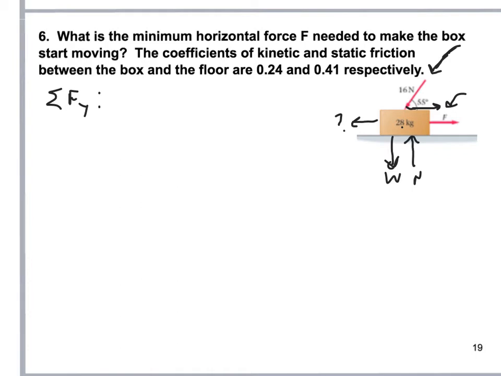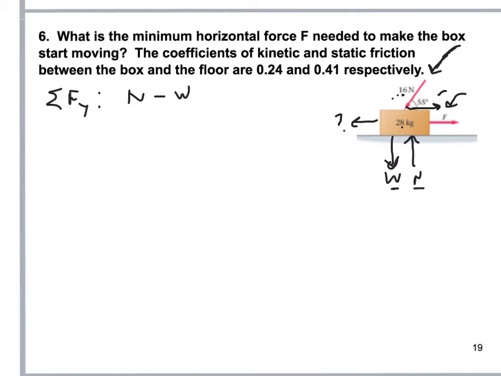So our summation of forces in the y direction: we know N is one of them, and then we know the weight is the other. Weight's going in the opposite direction, so that's in the negative direction here. Normal is in the positive, and then we have the y component of this force, the 16 Newton force.